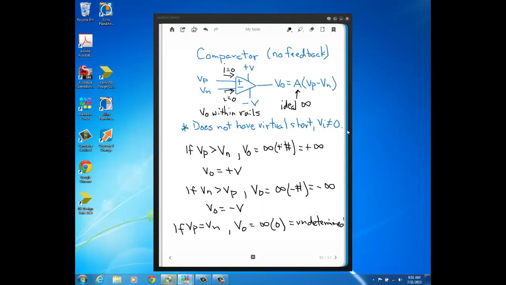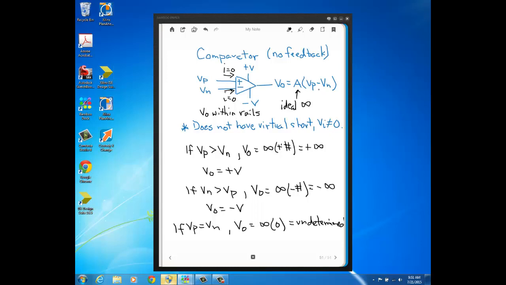Now, in practice, and those of you that have taken a lab have seen this firsthand, it's very difficult to get two voltages to exactly equal each other for any significant amount of time. What will happen when two voltages are close in value is that they'll just hover, and VP will be slightly greater than VN, and a little while later, VP will be slightly less than VN, and these values just hover around each other.